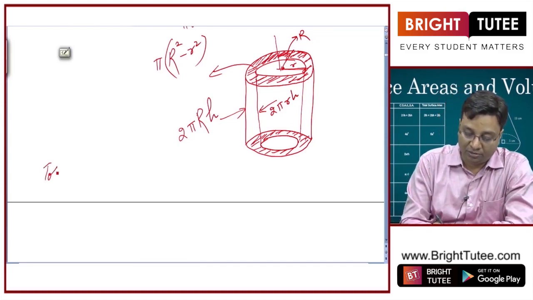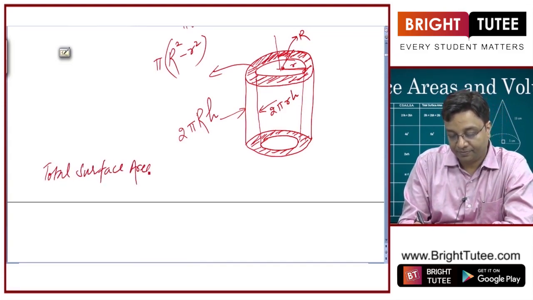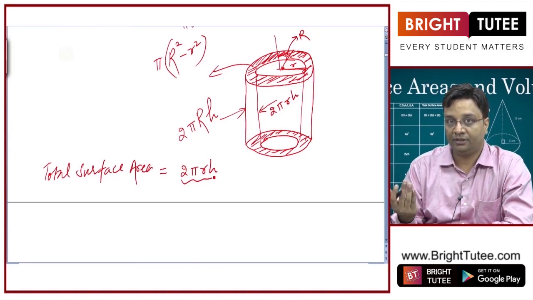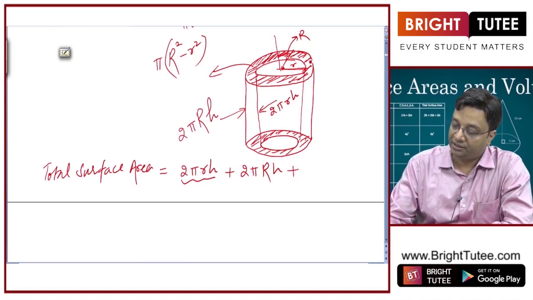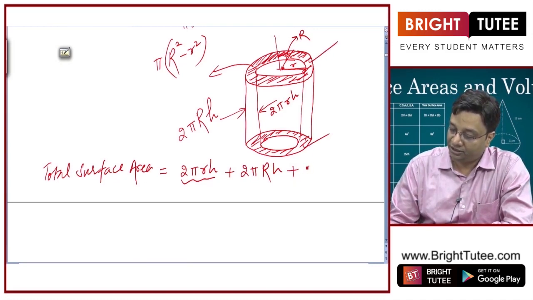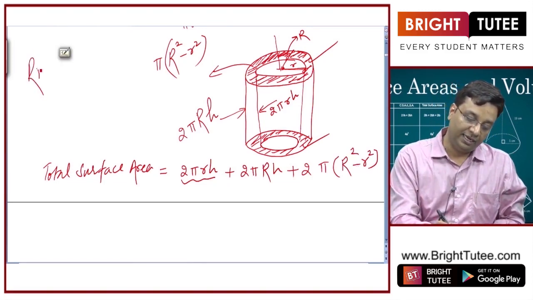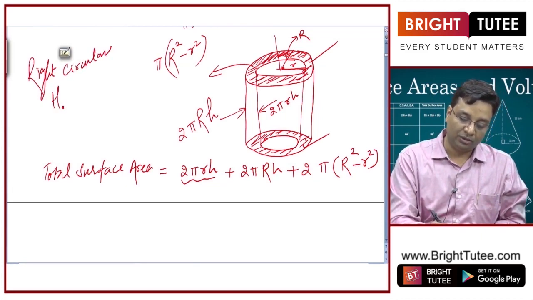So the total surface area will be equal to 2 pi rh, this is the area on the inside curved surface, plus the area of the outside curved surface, plus this area and this area. So it is twice of pi R square minus r square. So this was about the right circular hollow cylinder.